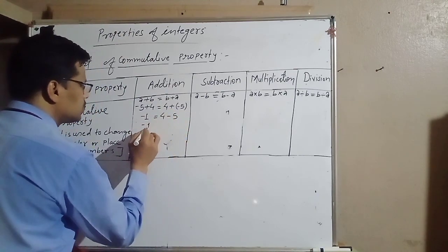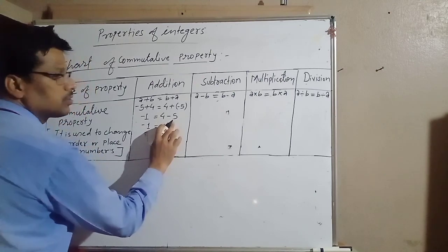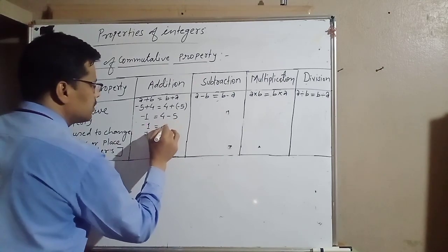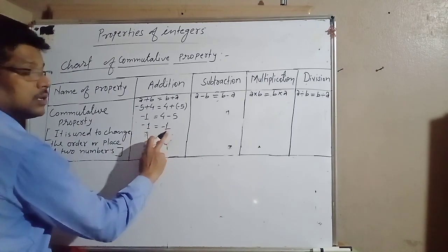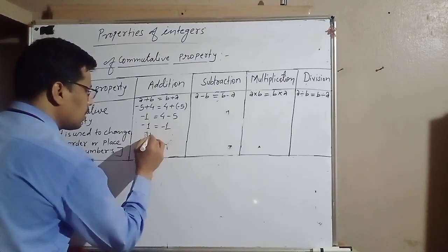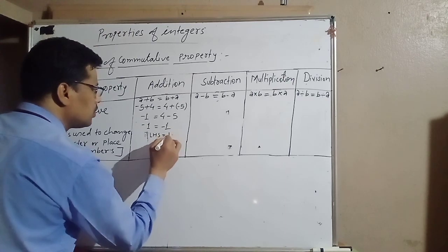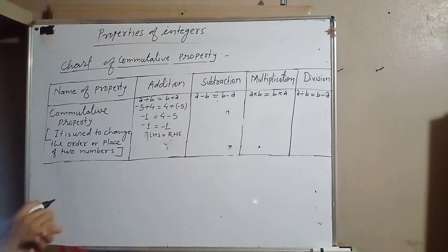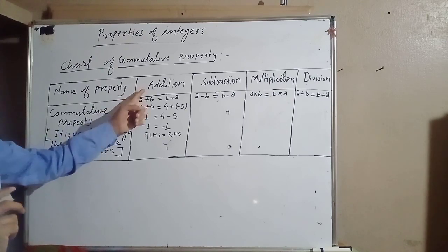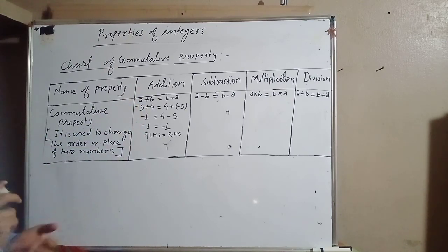Now minus 1 is equal to, when you subtract 5 from 4, what do you get here? Minus 1. Both sides we are getting minus 1. That's why we can say that left hand side is equal to right hand side. So we can say that addition is commutative.